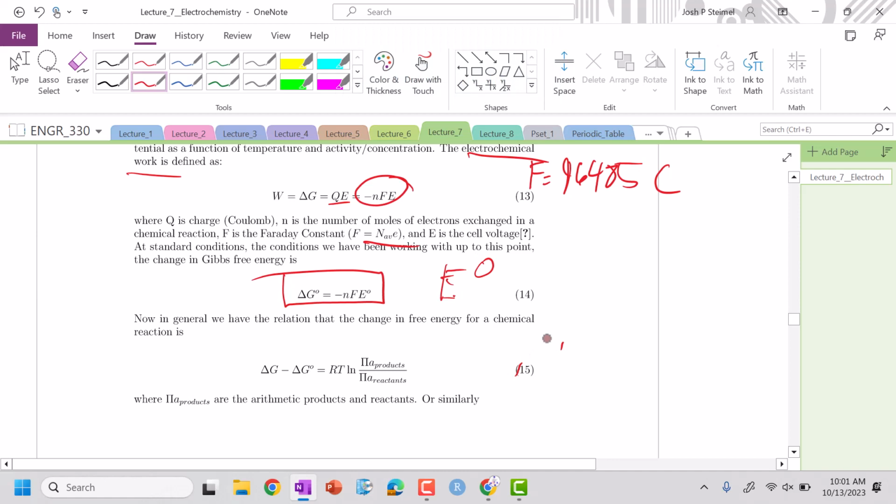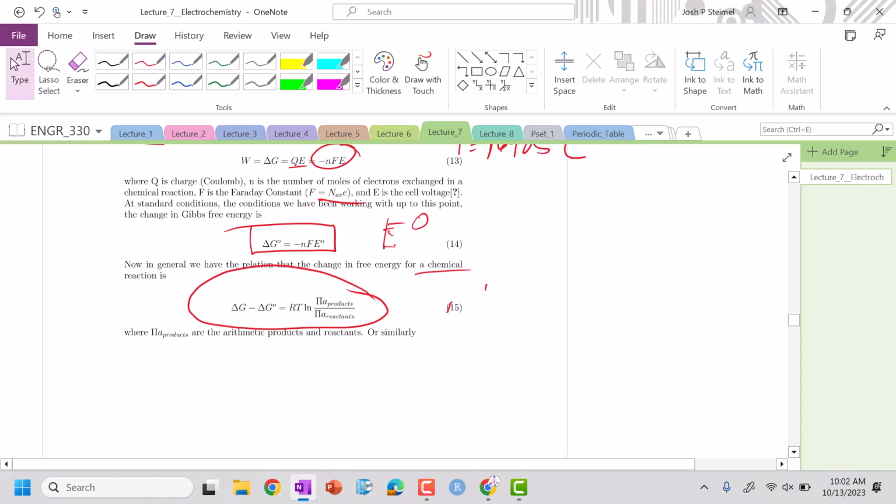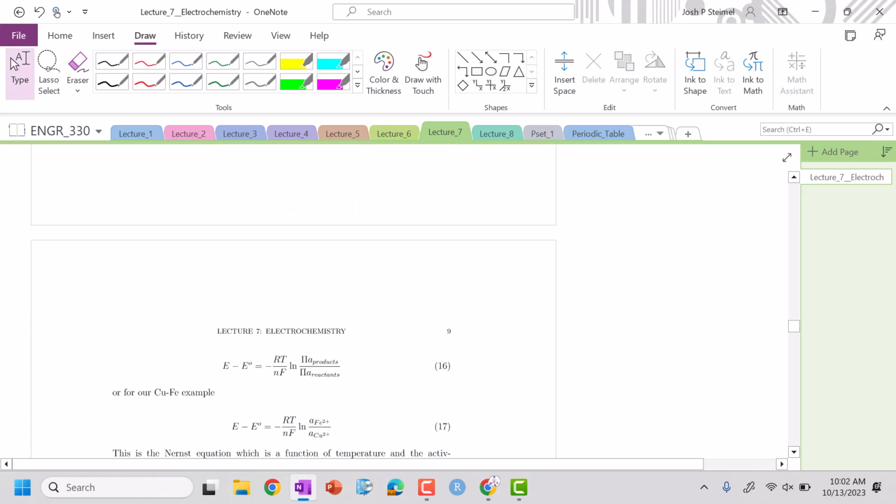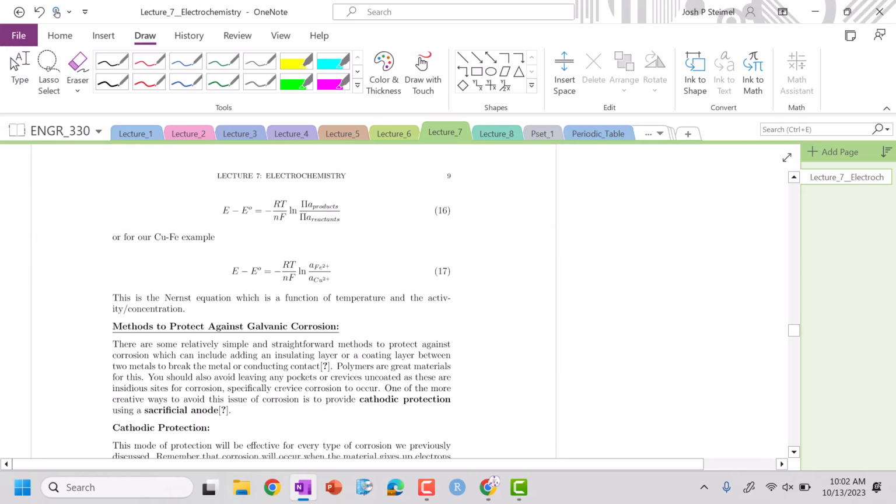All right, good. So we can rewrite the reaction in terms of that change in chemical potential, for a chemical reaction. We can look at this and say the natural log of the products over the reactants. So we can rewrite it here, and eventually we will get to an expression where E is the cell voltage at non-standard conditions.